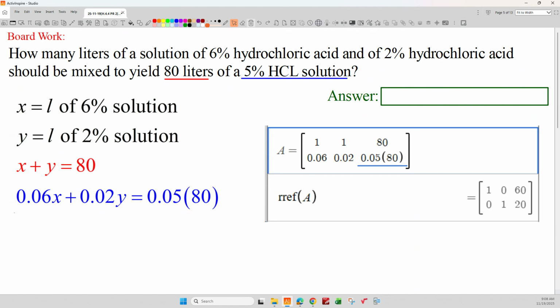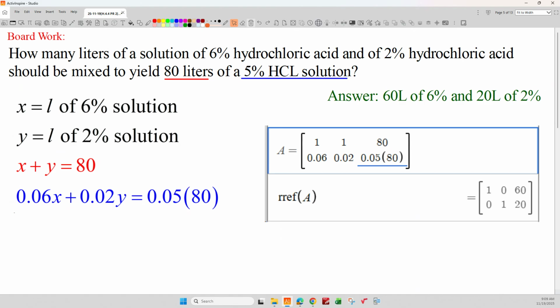And the beauty of that also is it's going to be able to give you back like fractions. You know, like if you use the graph, you're stuck with decimals, but you can turn these into fractional answers when you use the matrix. So, and we got what, 60 and 20? 60 liters of the strong and 20 liters of the weak solutions.